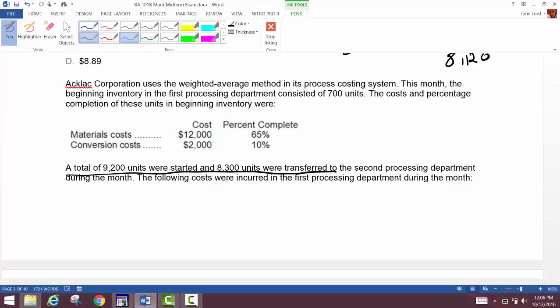Okay. So what happens? If I have 700 units in beginning inventory, how many units got added for the period? 9,200 got added.